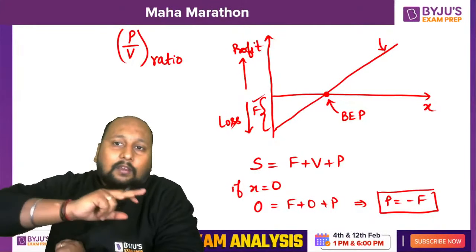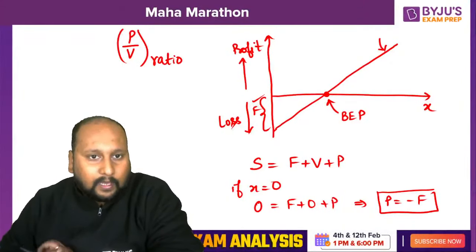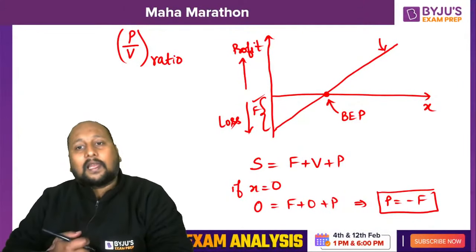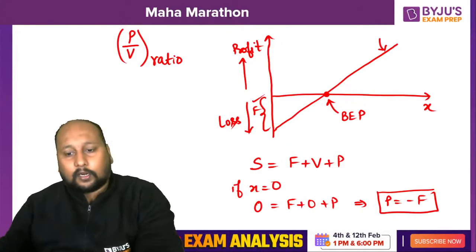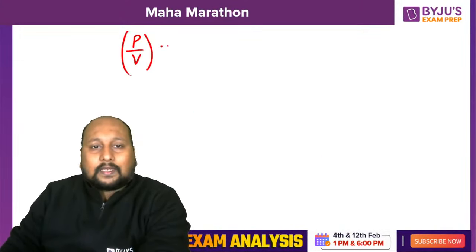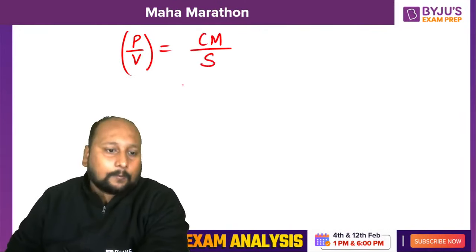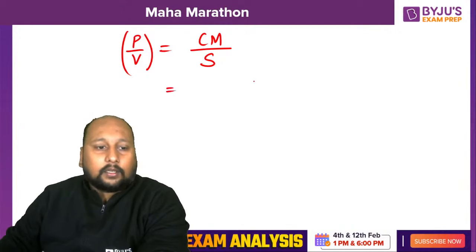This PV line, or PV ratio, is always constant for a particular product. So I can say the profit to volume ratio is equal to the contribution margin divided by the total sales. What is contribution margin?